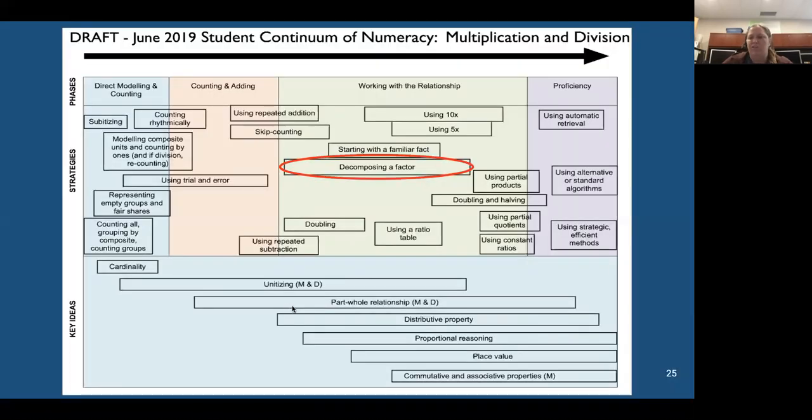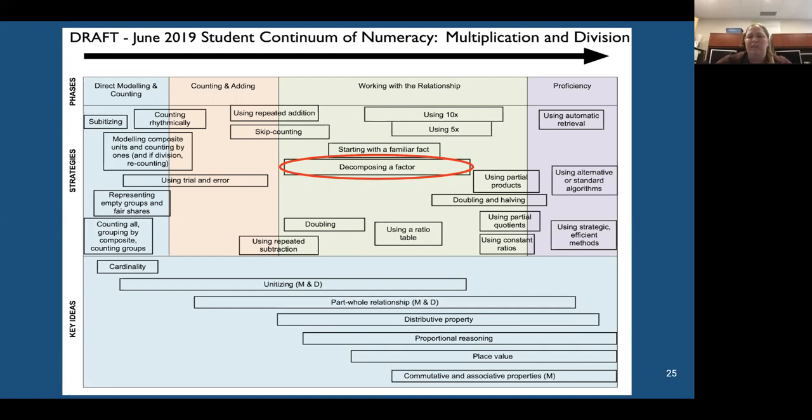So the first strategy that we are going to talk about tonight that we see coming in here is decomposing a factor. What a student will do is pretty much exactly like what I just showed you with the packs of gum. They will break up one of the factors and work with a portion of the problem first and then solve the remaining bit of the problem.